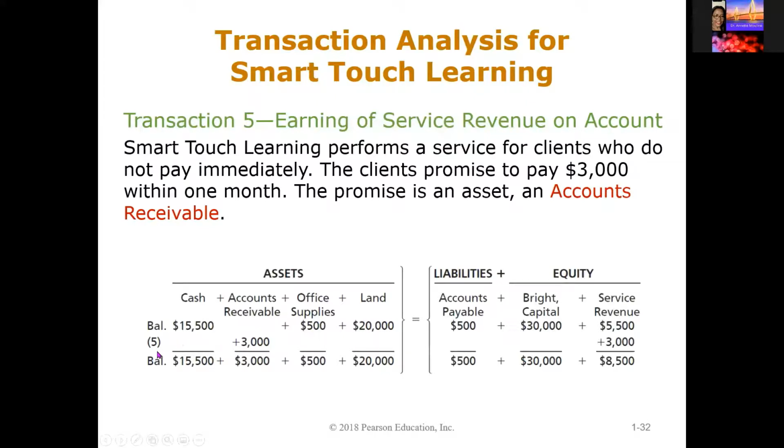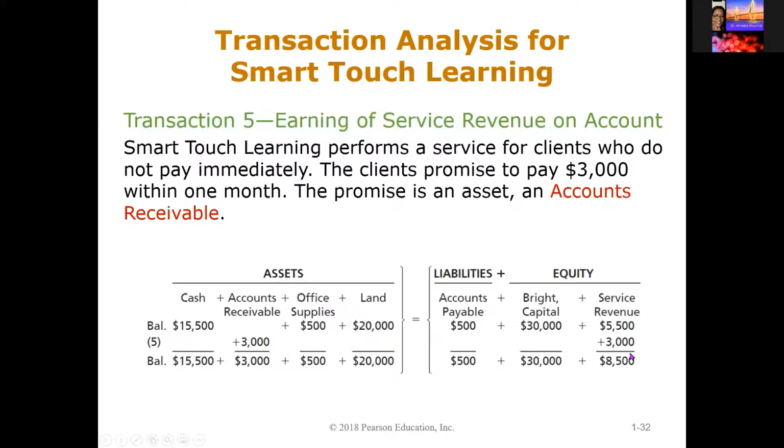Here you see the $15,500, the $3,000 that the customers will pay later. You still have your $500, and then there's the $20,000 land. Now, future payment from the customer is expected. Therefore, the accounts receivable is an asset.